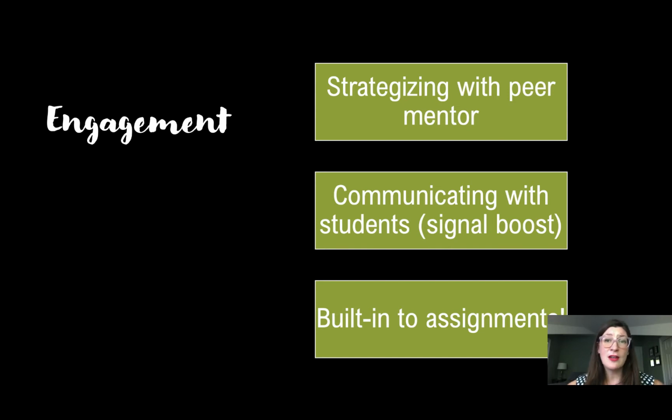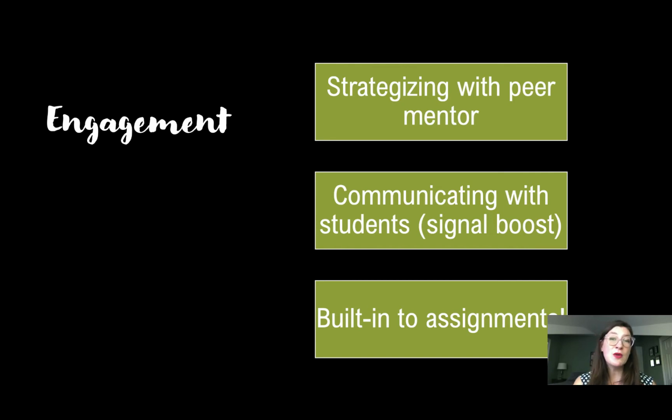Or if they're starting the iSearch project, this is hugely helpful. If the peer mentor can look at their question and help them just by giving feedback or saying, well, what about this? Integrating your peer mentor into actual assignments that have point values attached is hugely helpful to help students see the value of peer mentors.